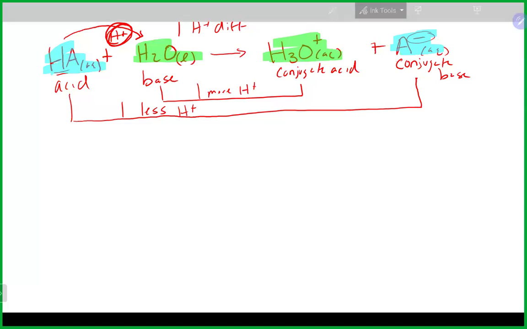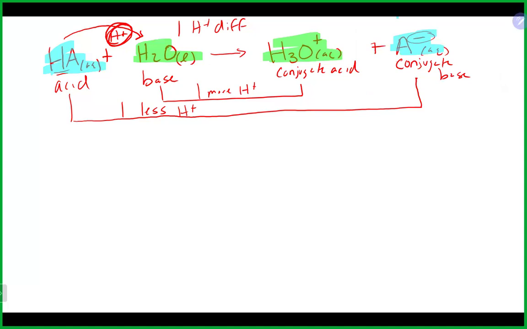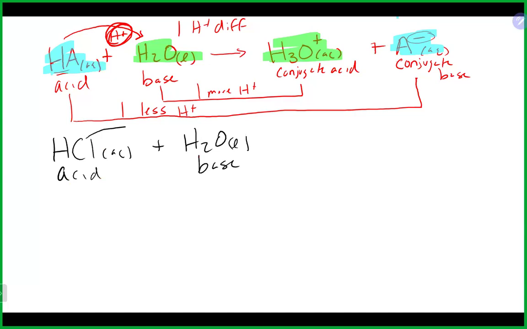So if we take a look at a couple of equations that we saw earlier, our HCl dissociated in water. In this case, this acid here, hydrochloric acid, is going to be our acid. Water will act as the base. We're going to send an H+ over to water. The result of that is we will make our H3O+ and our Cl- in this case.